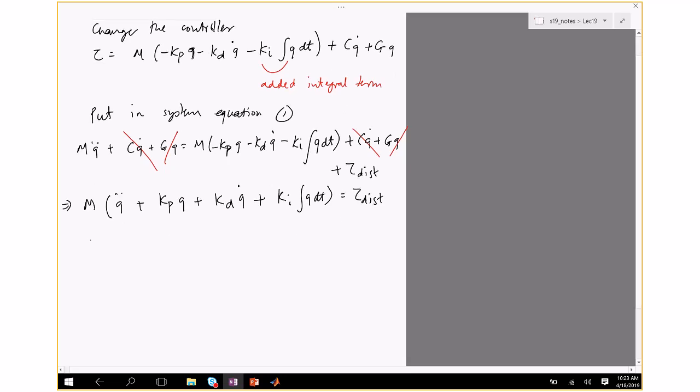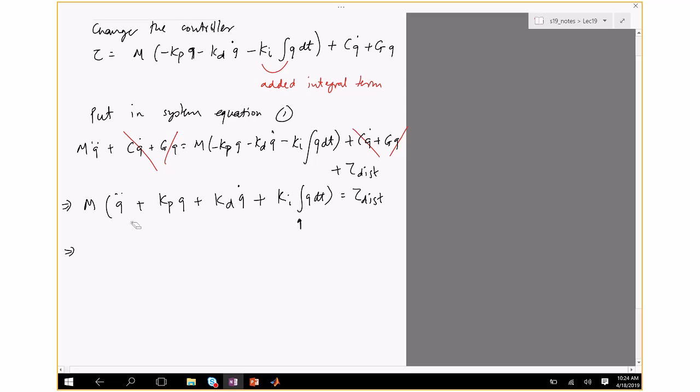So at steady state, okay, before we do that, let's differentiate this expression because I don't like this integral here.